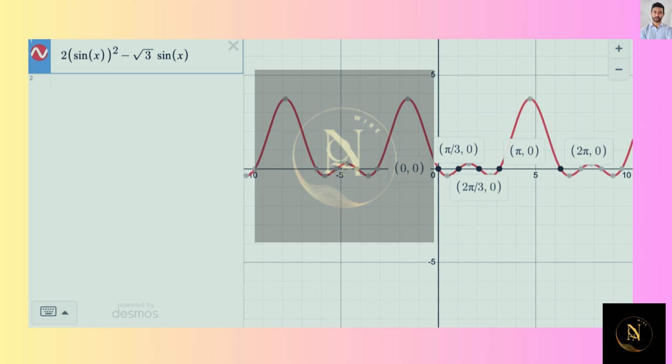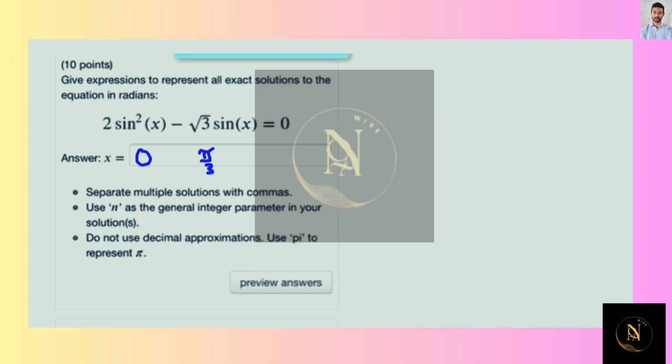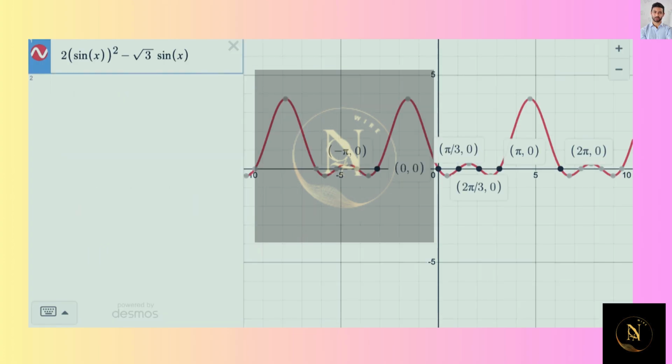So the period of the cycle is 2 pi. So that's the period of the function. So within one cycle, we have 4 solutions: 0, pi over 3, 2 pi over 3, and pi.